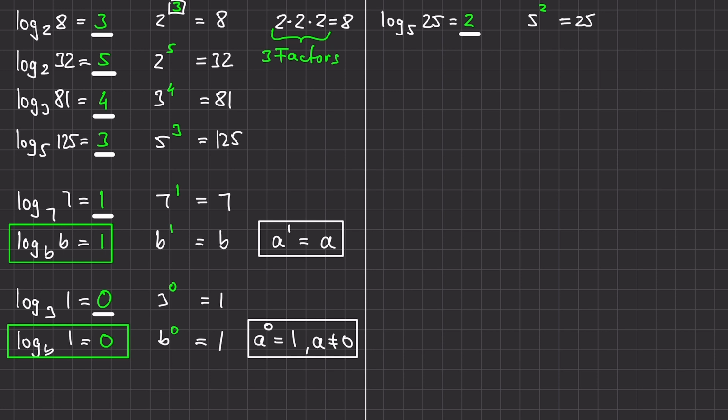Now it's getting interesting. What is log base 5 of 1 over 25? So 5 to what power gives us 1 over 25? Recall that the law of the negative exponent says that a to the negative of the nth power equals 1 over a to the nth power.